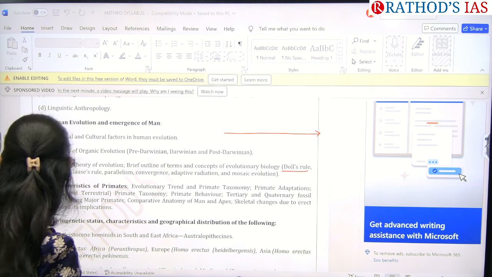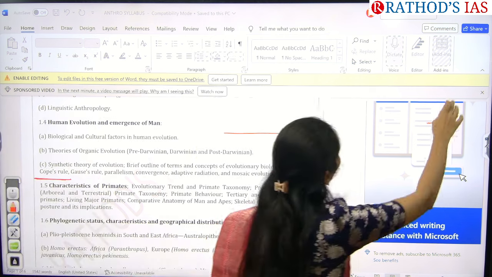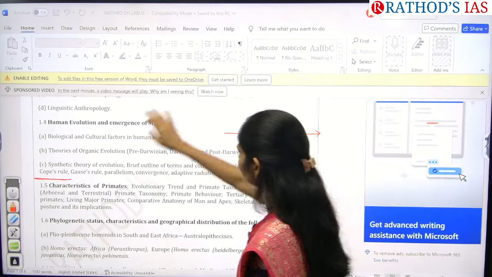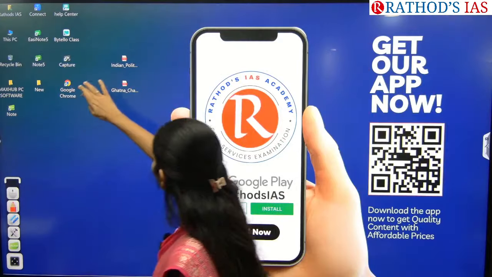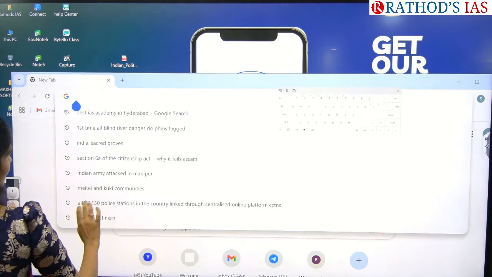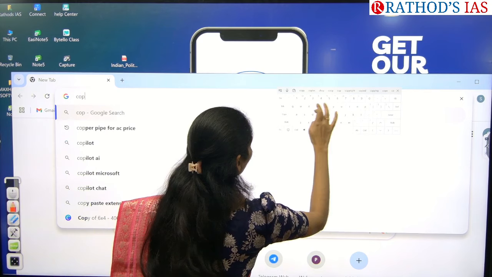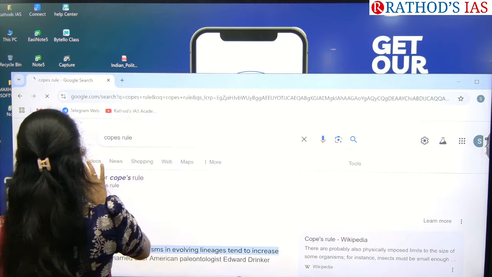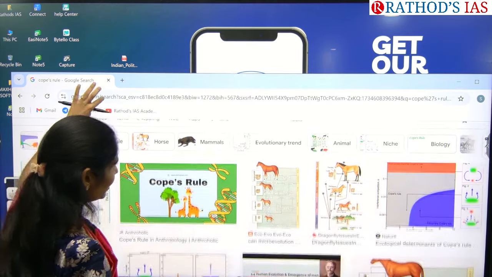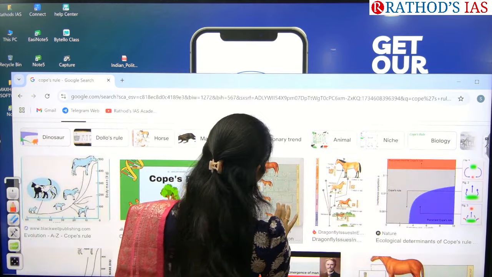Okay, I will show you one image. After seeing this image, you will tell me something. See this image.